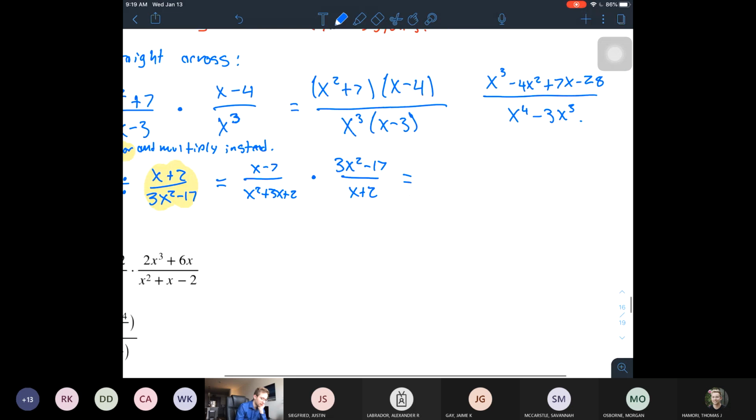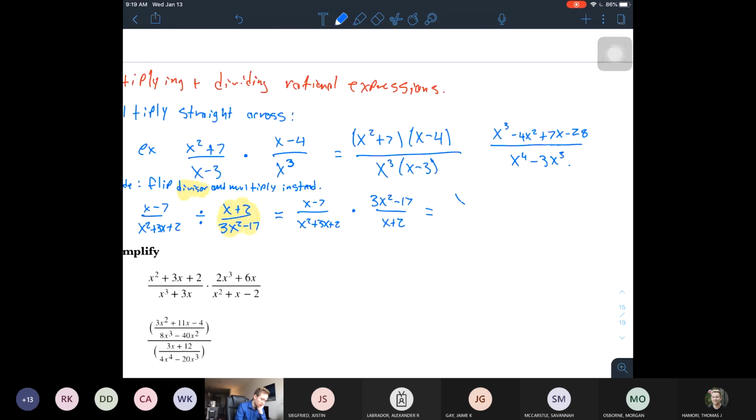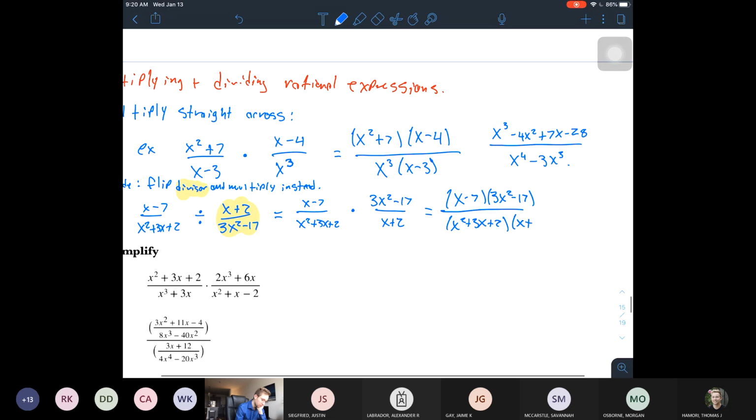And now we know exactly what to do. We're just going to multiply straight across like before. We'll get x minus 7 times 3x squared minus 17 divided by x squared plus 3x plus 2 times x plus 2.